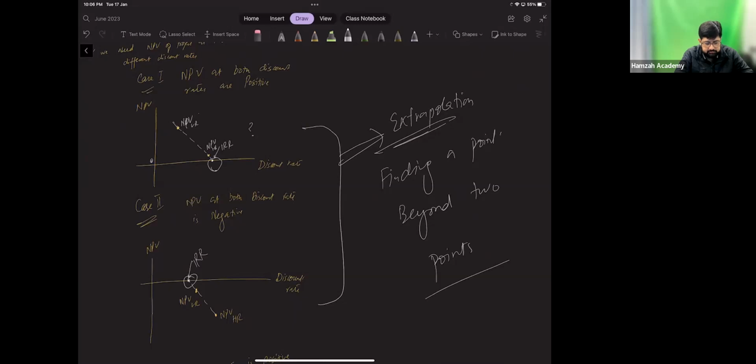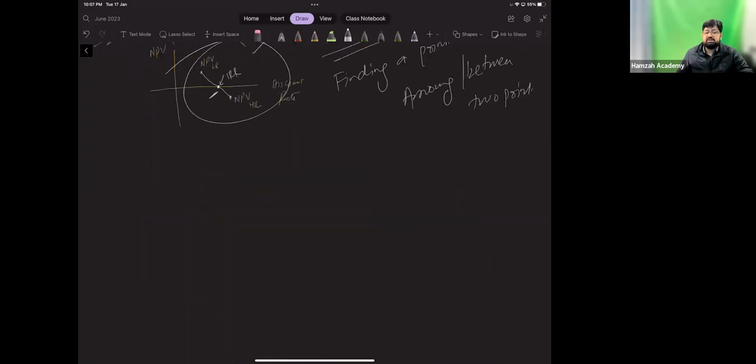Now, let us proceed further. So students, in this way, IRR. For example, a project's cash flows are as follows.